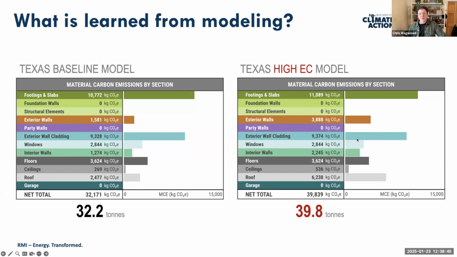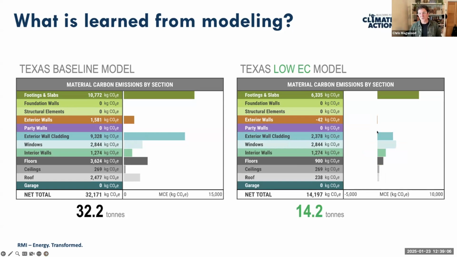They also told us other things that they build with. Basically, a bunch of their builders gave us their specs. For the same home, if somebody was using a lot more of the high embodied carbon materials, that 32 tons would creep up to 40.